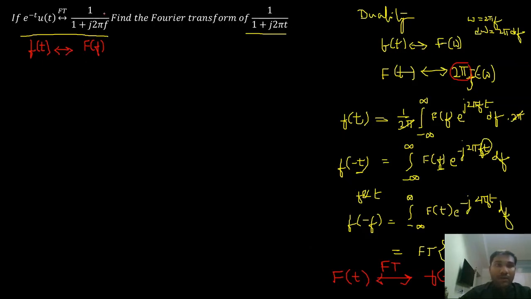So in this Fourier transform, in place of capital F of f, I'll substitute t. So 1 by 1 plus j 2 pi t has the Fourier transform small f of minus f.